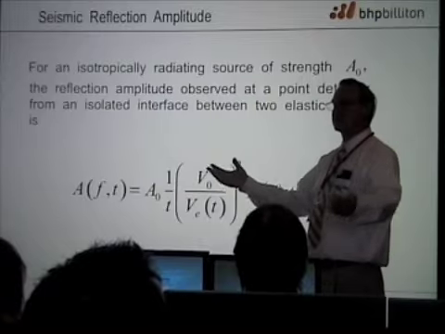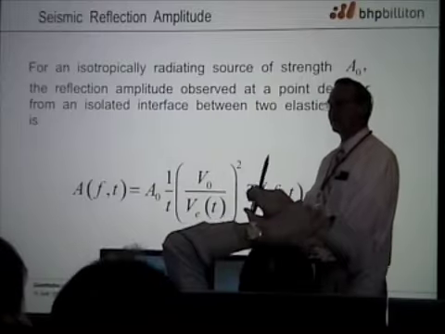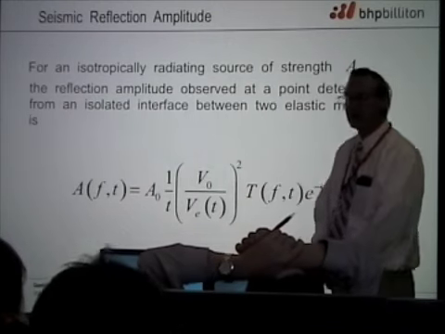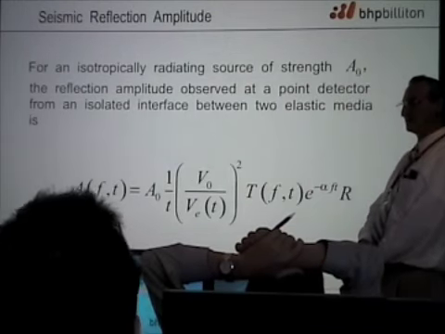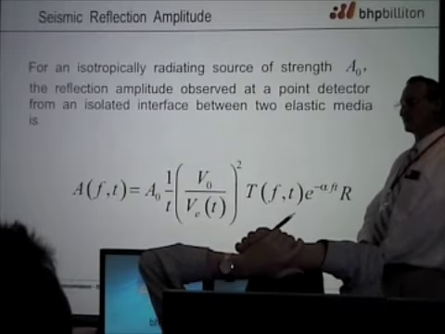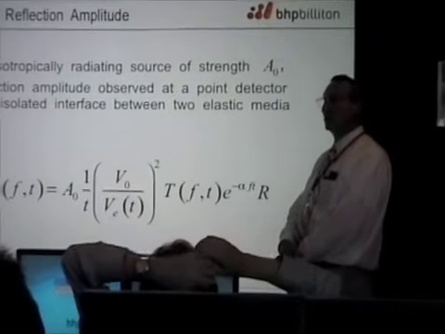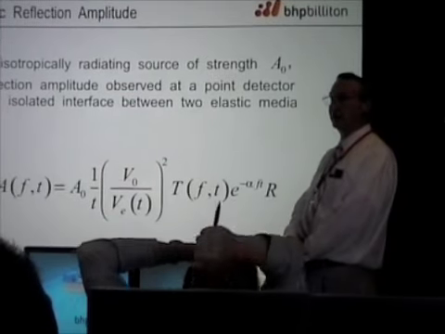My velocities on average were 6,500 feet per second or something. I've got a reflector at 3 seconds on my seismic record. It's lost, from the energy that was generated at the source, what? 45 or 50 dB of energy.